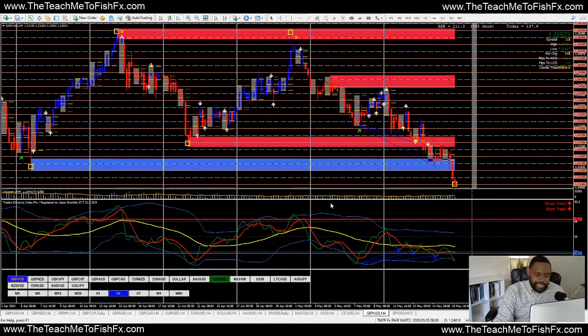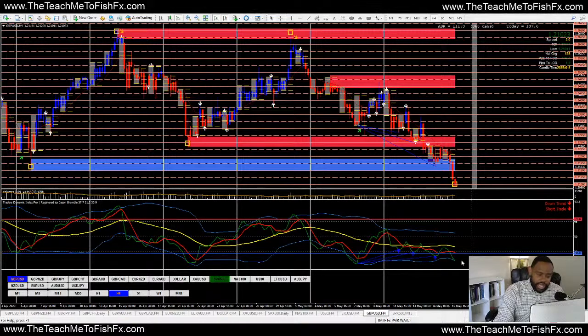GBP USD. Right now, the indicator is showing us that it is at a possible place of exhaustion. I really like this because we're at a quarter point, a psychological point, the 1.21 price point for GBP USD.